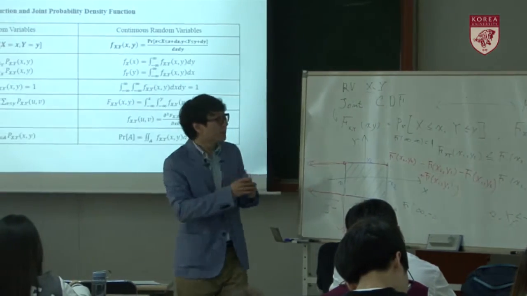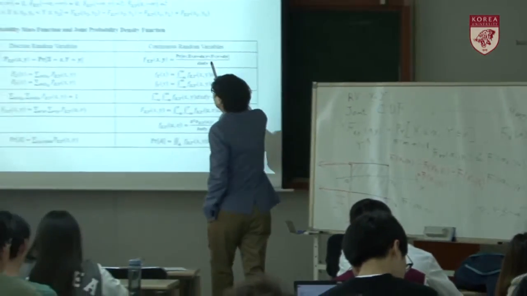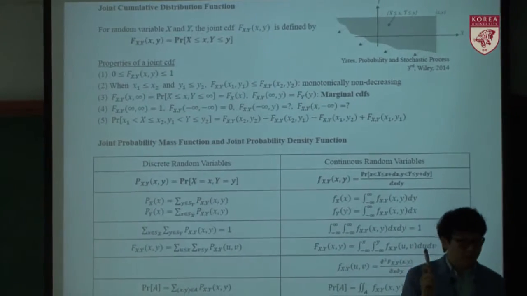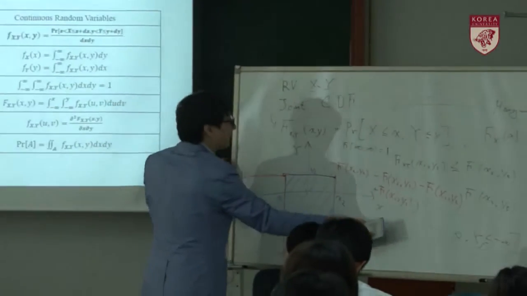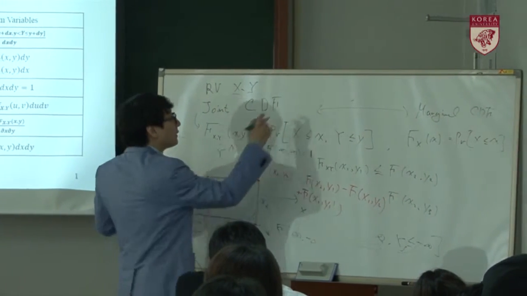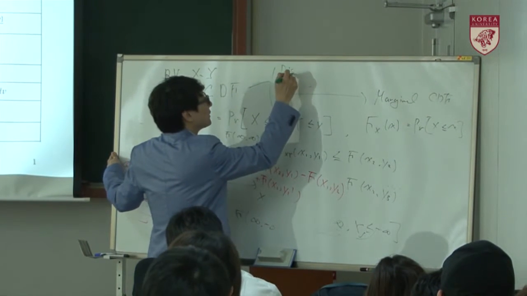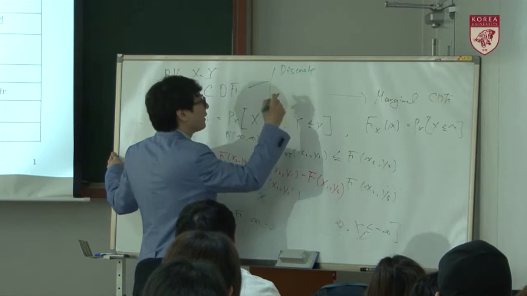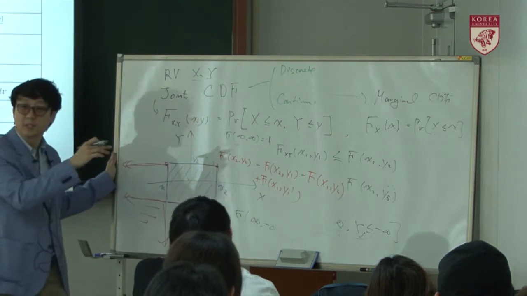Okay, so we defined the CDF in this way, and these are some properties of the joint CDF. Definitely, this joint CDF is defined for both discrete and continuous random variables. Both.